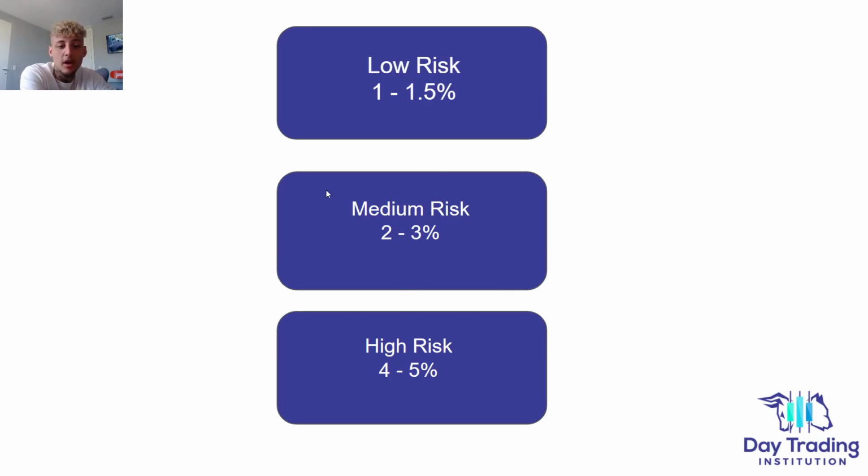So if I see a nice, clean type A setup where I have maybe 4 confirmations, I'll take a risk of about 2 to 3% on my account. Now, if I see I have a really high probability setup and I'm trading at a really good level that, again, the probability really is in my favor, sometimes I'll take a trade anywhere between 4 to 5% risk.